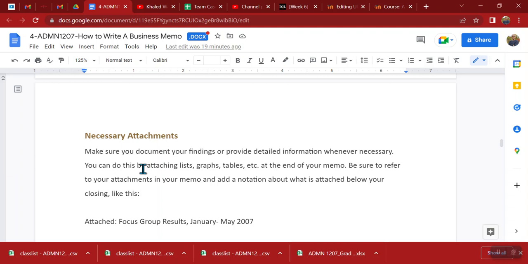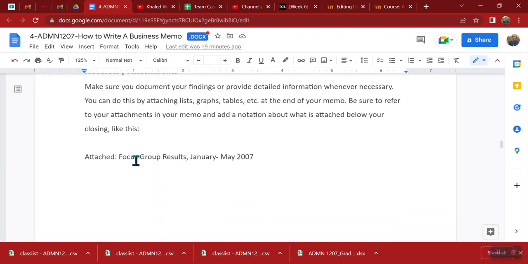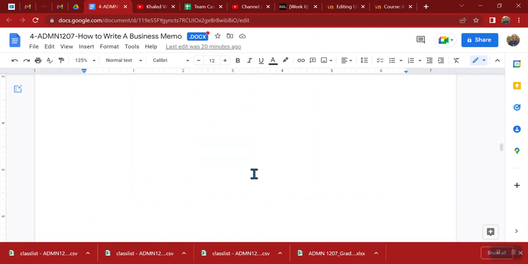So you put them in an attachment, and then you write this statement: attach what? Attach focus group results maybe, or a table of something. You need to put all of this, and you might also write the dates of the attachment.